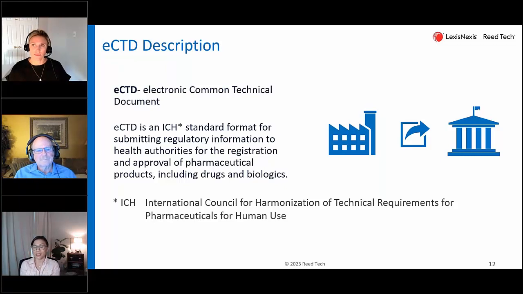So prior to eCTD, if you think about it, there's over 150 countries and multiple health authorities out there, and every single country had their own set of regulatory requirements on how to submit your drug application for approval. The ICH and all these other major countries thought, there has to be a better way to streamline this. And before eCTD, just think about this.